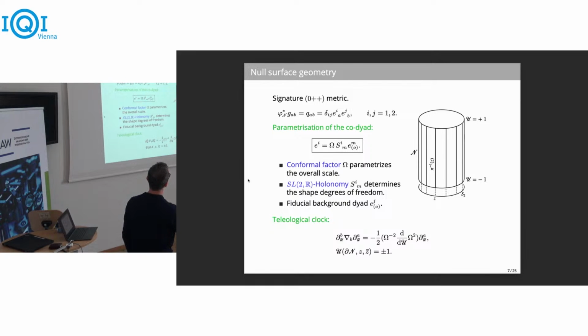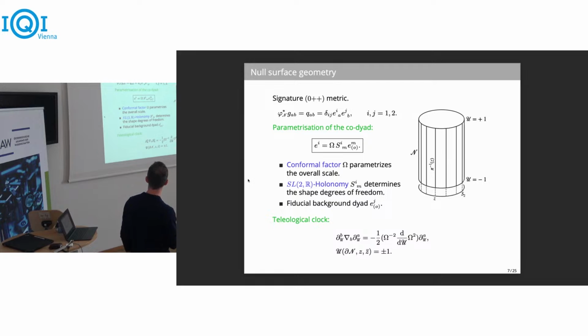And then the geometry is determined by the metric. If we take the pullback of the space-time metric to the null boundary, we get an intrinsic metric tensor on this three-dimensional manifold. But this is a degenerate metric. It has one degenerate null direction, which is, of course, the direction of the null rays themselves.